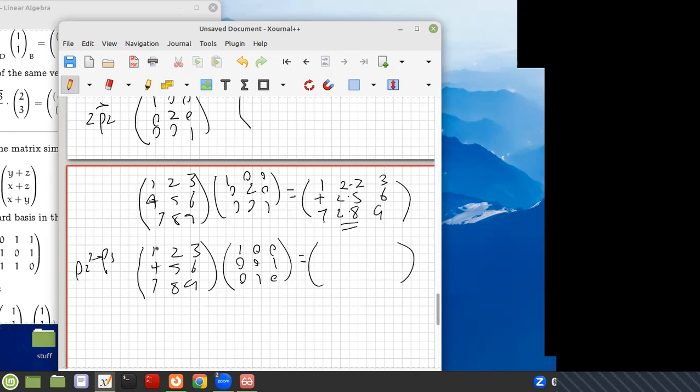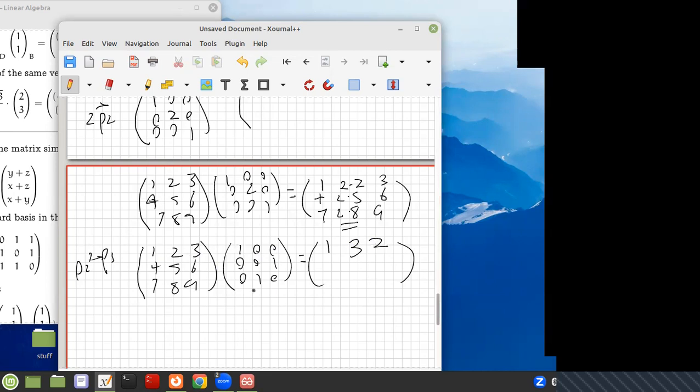Because if I go through here, I can see this row times this one is going to produce a 1, but this row times this one is going to produce a 3, right? Because it's 1 times 0 plus 2 times 0 plus 3 times 1. And the last one is 1 times 0 plus 2 times 1. So I've swapped the first two.